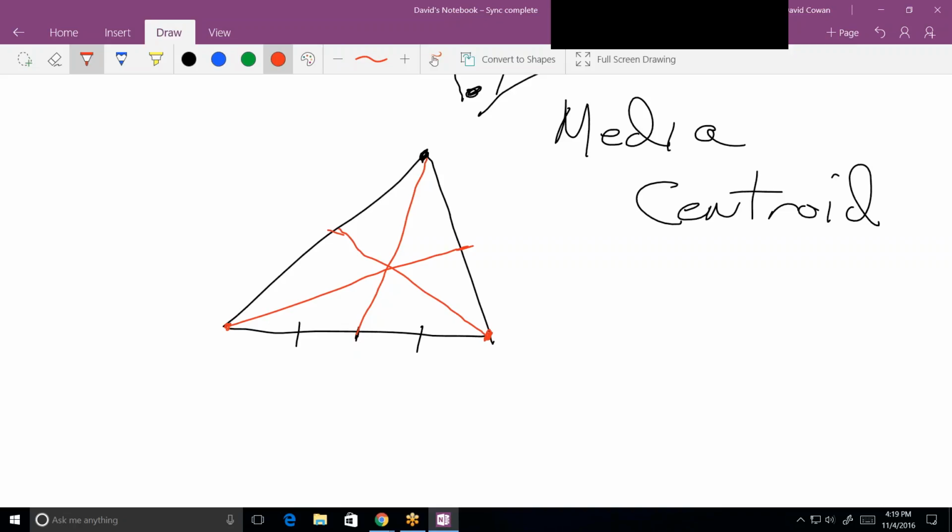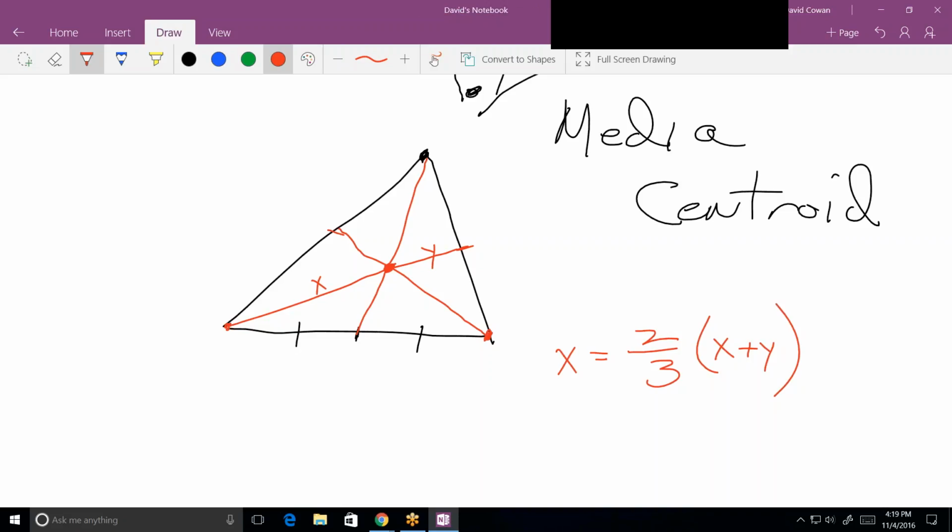And this centroid actually has a very interesting property. And that is that if, let's see, this distance, how can I say this, x and y, x is equal to 2/3 of x plus y.